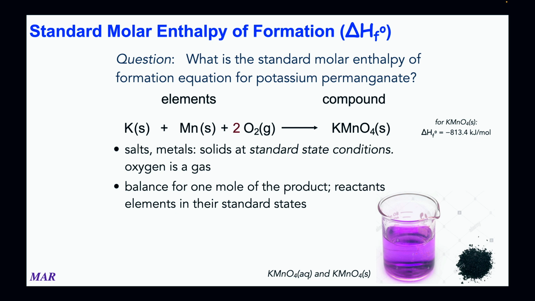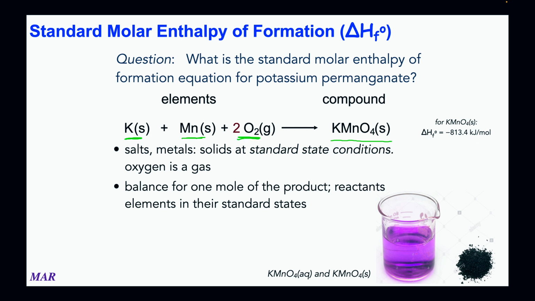So this would be the standard molar enthalpy of formation equation for potassium permanganate. Only 1 mole of product, so there's 1 KMnO4 right there. And the reactants are going to be elements in their standard states. So potassium's normal state is a solid, manganese is a solid, and oxygen is a gas.